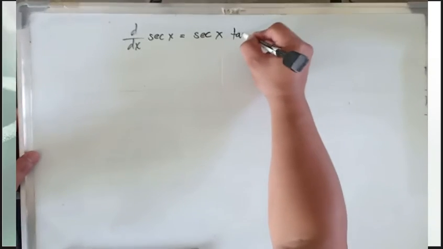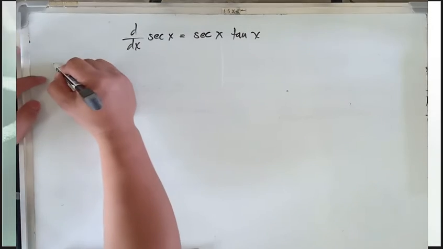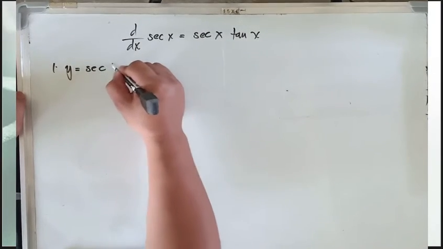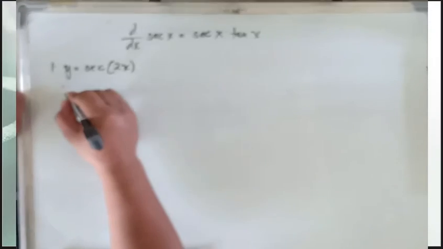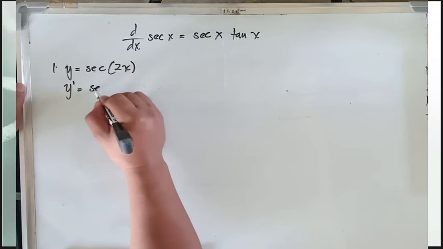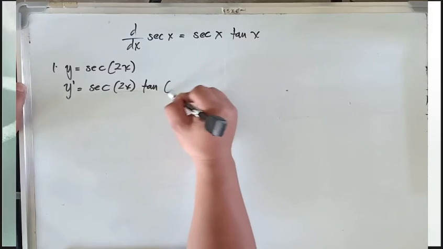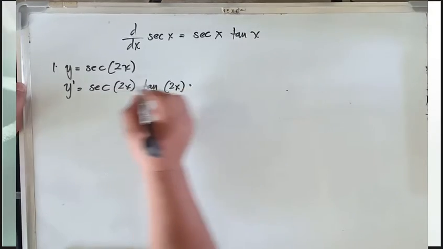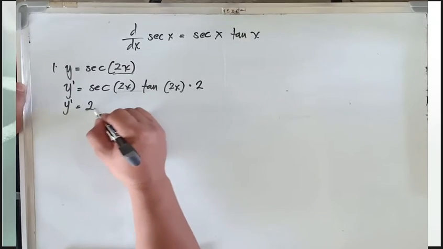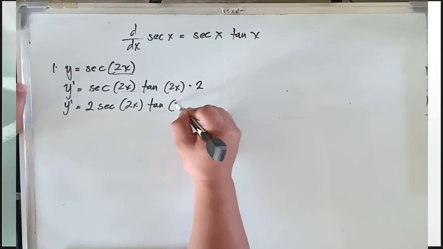So, let's have the first example. Y is equal to the secant of 2x. So, according to the rule, y prime is equal to secant of 2x times tangent of 2x times the derivative of the angle, which is 2. Then let's just rewrite: 2 secant of 2x tangent of 2x. So that's the derivative.